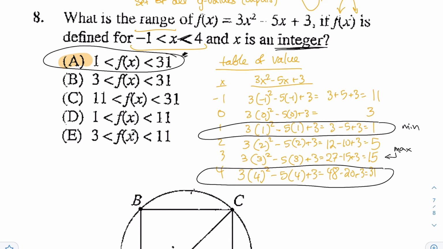I mean, it goes from 1 to 31, but because you have the strict inequality here, the range would actually be f of x less than or equal to 15, but greater than or equal to 1. That should be the actual answer, because 15 is the max when x is an integer, x is equal to 3. And when x is equal to 1, the minimum is equal to 1. You can't just substitute in the endpoints.